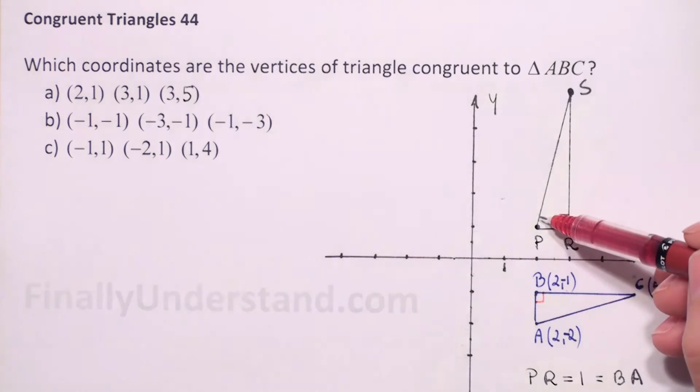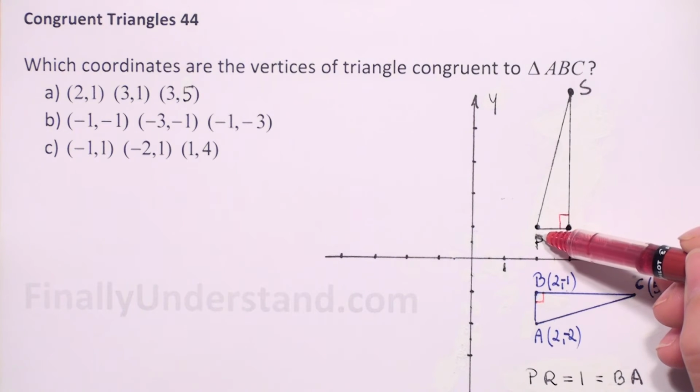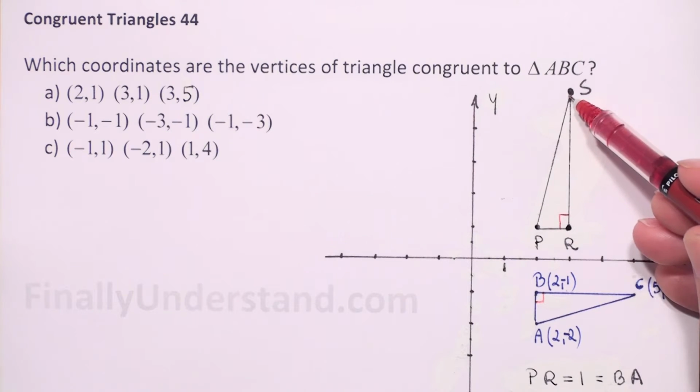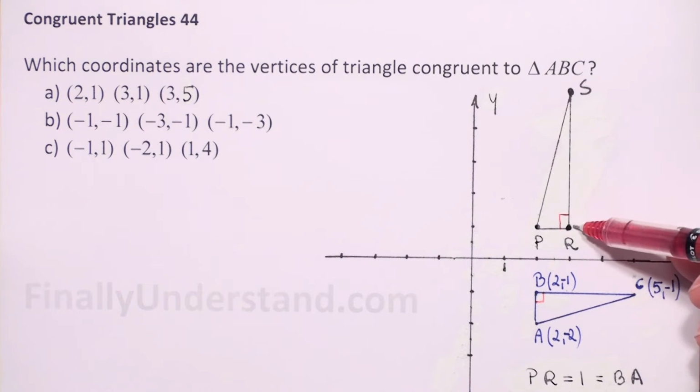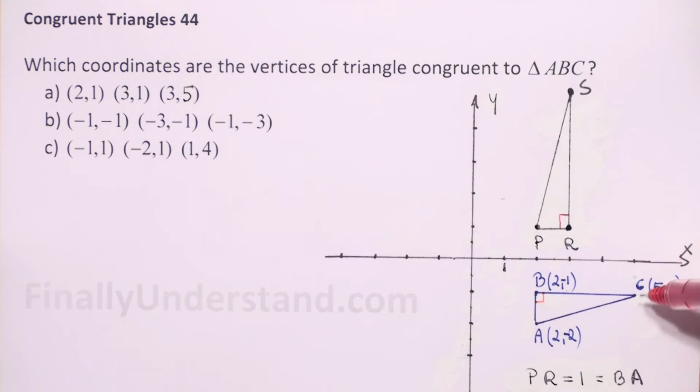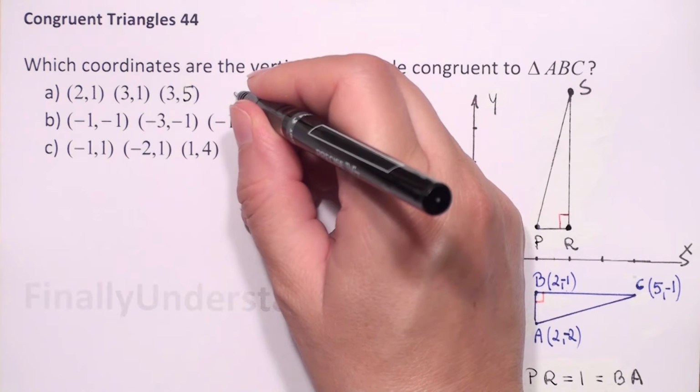So it doesn't matter what will be for the hypotenuse. We don't have to calculate this hypotenuse because RS is longer than BC. So this triangle is not congruent to triangle ABC. So we can write here not.